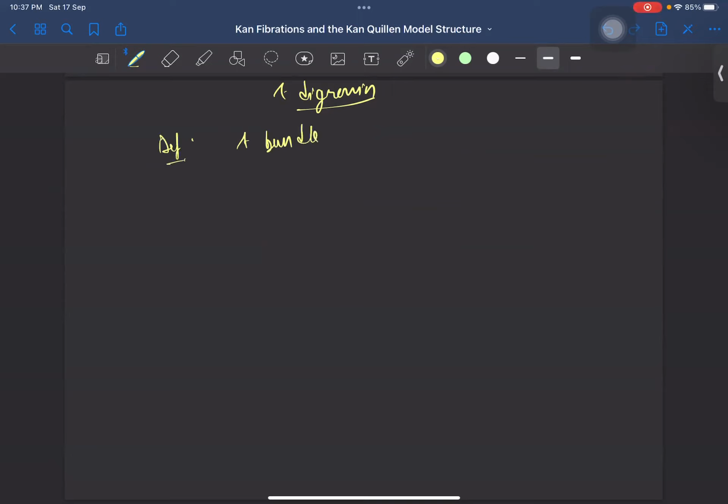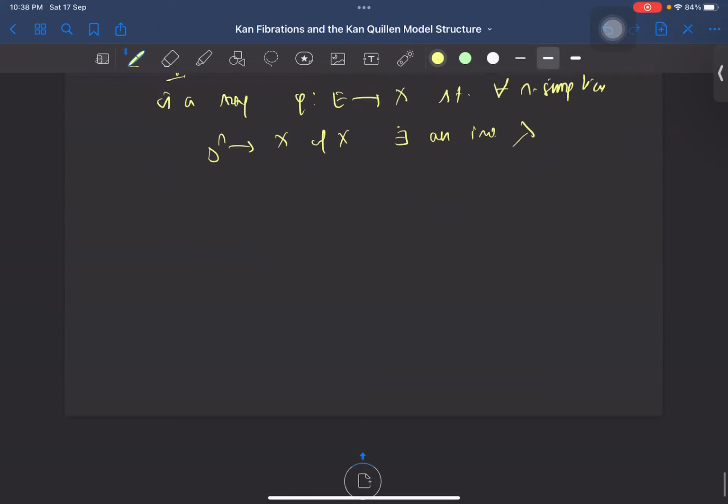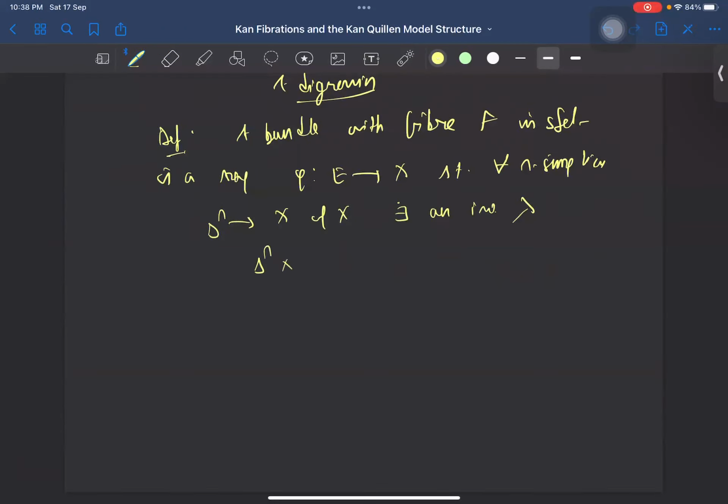A bundle with fiber F in the category of simplicial sets is a map, let me call this phi, E to X such that for all n-simplices of X, there exists an iso, let me call this lambda. So we have the following isomorphism.